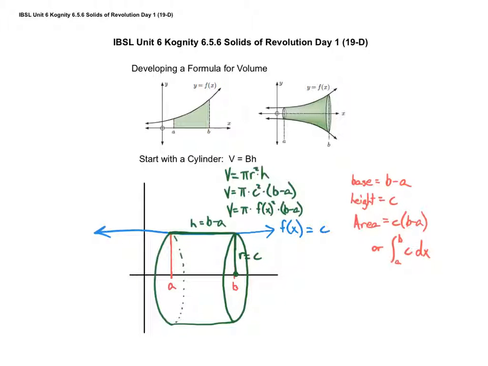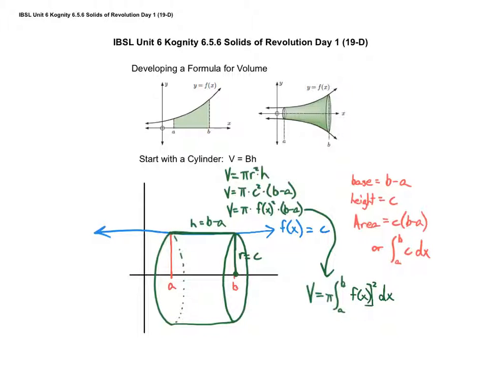Now, we already said the area was the integral. Well, if we look at this, our volume we can also now express as an integral. The volume is going to equal pi times the integral from a to b of f of x squared dx.